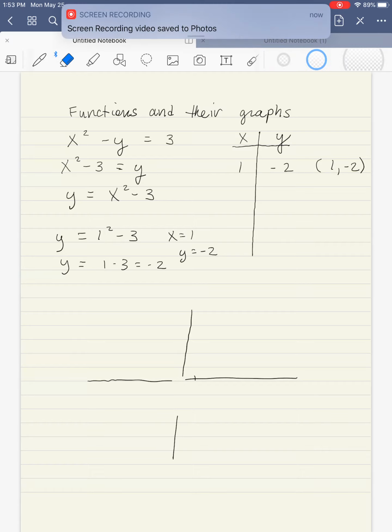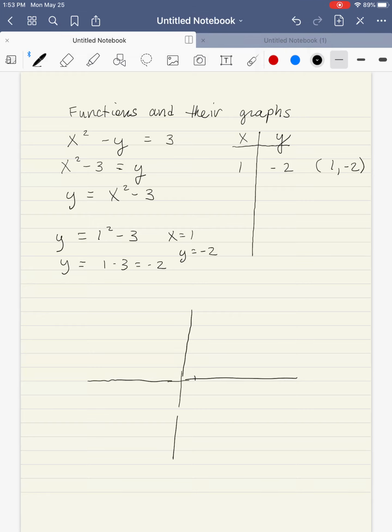It's usually best when graphing if your hash marks are fairly equivalent.